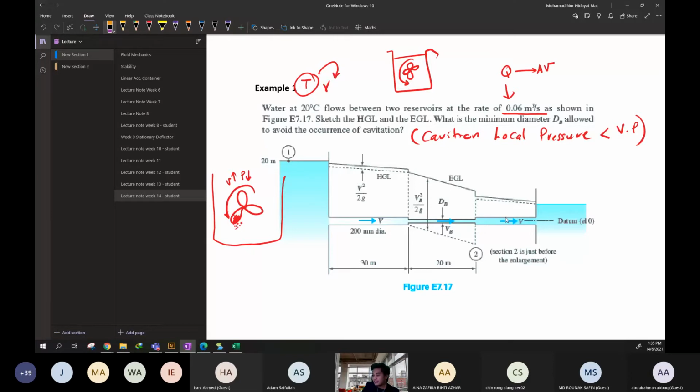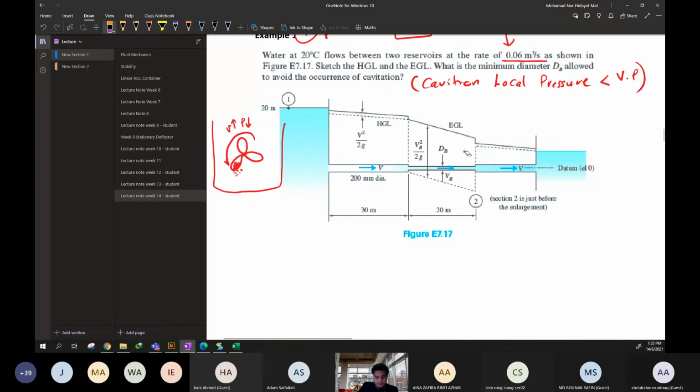Basically, the EGL, energy grade line, just follows parallel to this section. But for this one, it slightly drops. The geometry will increase the velocity. That is okay. But due to the friction along the pipe, it drops a little bit until this section.